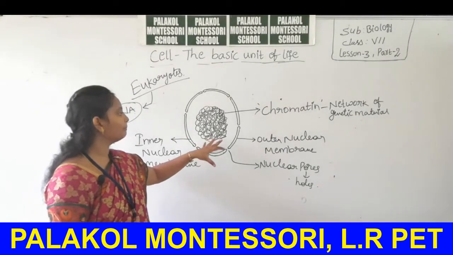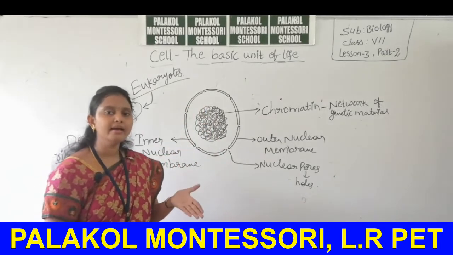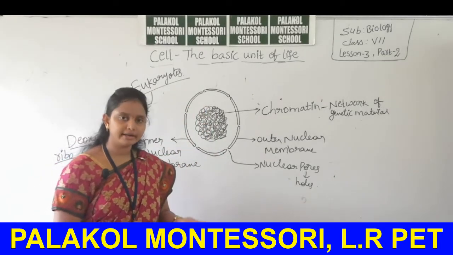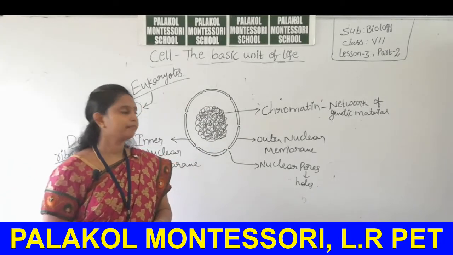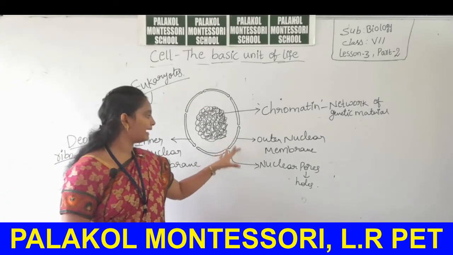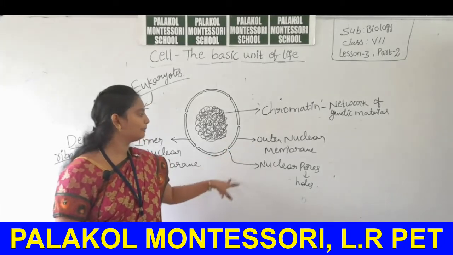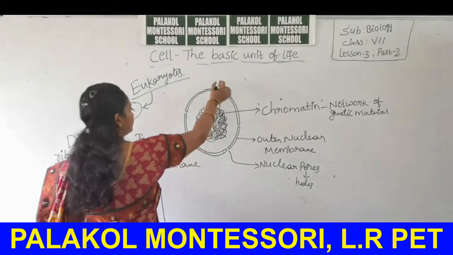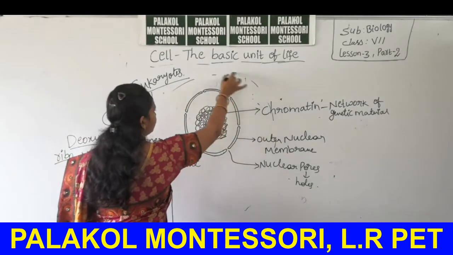Because the DNA present inside the nucleus forms RNA in a process of transcription. So this RNA is forwarded to the cytoplasm. That means this is present inside a cell.